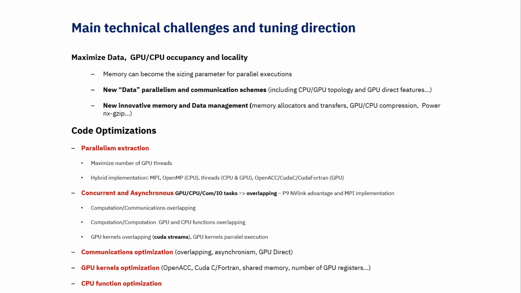Typically, I didn't mention that, but in the SAXPY example, we had a specific test to check that the index is not exceeding the size of the array. It's a typical error when we run on GPU. So that's why it's always better to start with a synchronous application.